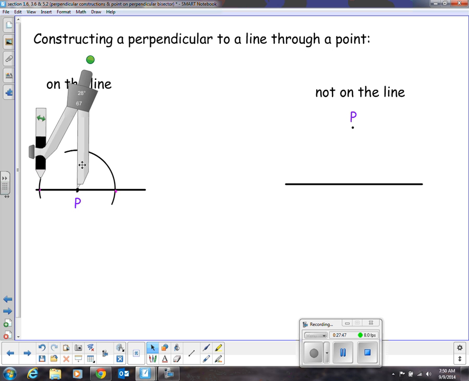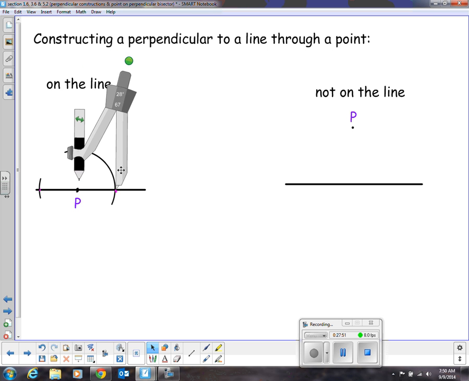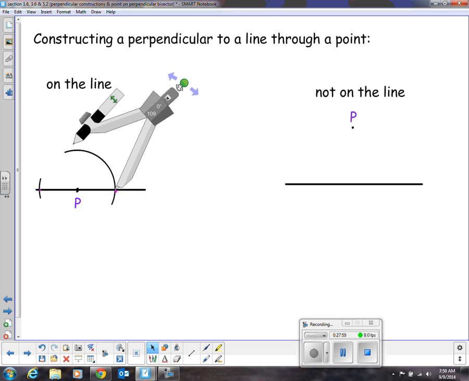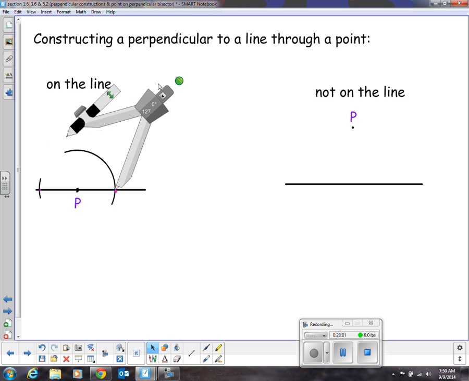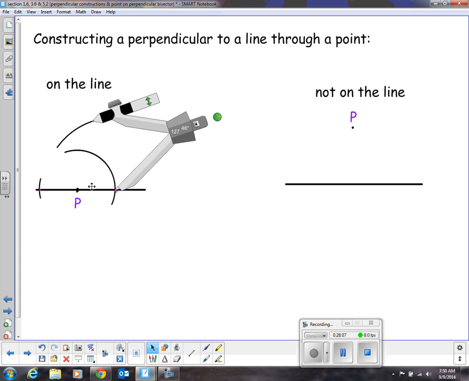All right, so now you're going to move your compass point to one point of intersection. I'm going to open up my compass more, and we want to go a little bit more. Now we want to draw an arc up here, and this arc should be on both sides of P. So we started here, we made two arcs.